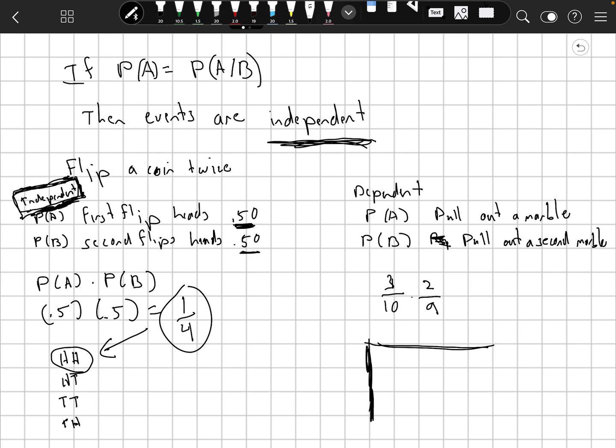Let's take a look at dependent events. In this case, you have a bag of marbles. Let's say there's 10 marbles, and 3 of them are red, and 7 of them are yellow. You pull a marble out of the bag. What's the chance of getting a red? Well, it's 3 in 10.